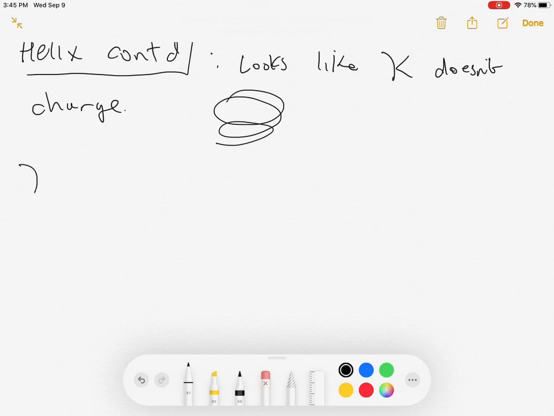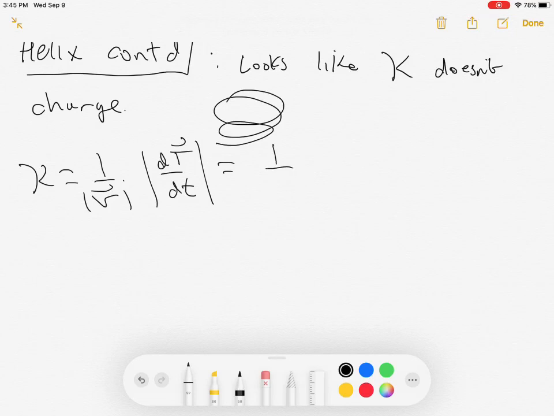So let's show that. Kappa is 1 over the norm of V times the length of dT. And we showed before that the length of V is root 2, and we showed that the length of dT is 1 over root 2.